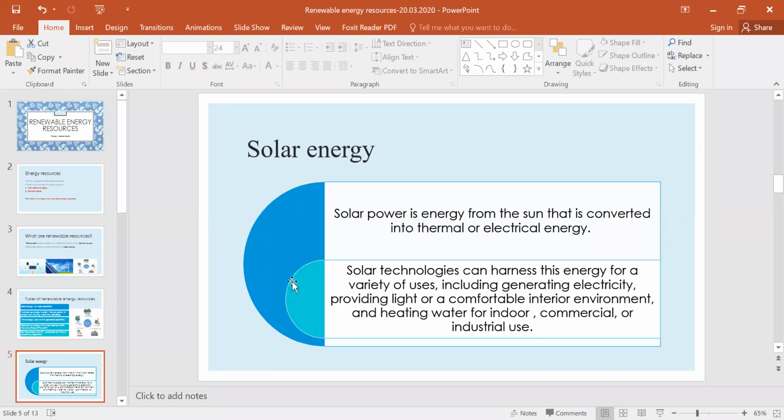How do we use solar energy? We know that solar energy is the energy which comes from the sun and is converted into electrical energy most of the time, but as well into thermal energy.